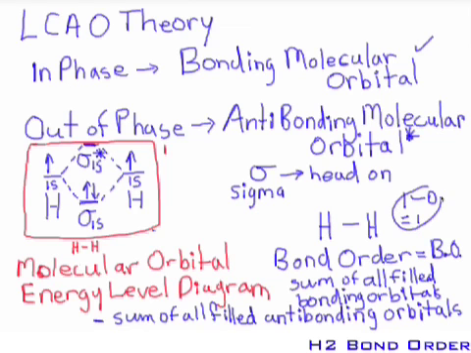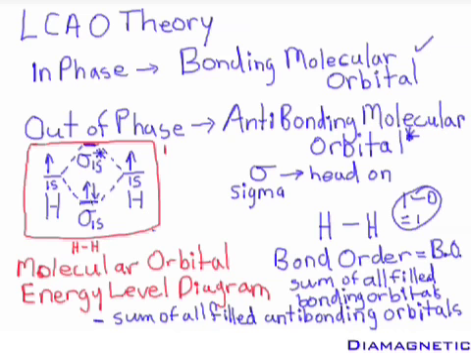So this is my bond order here. And bond order can tell you how many bonds. Do you have a double bond, triple bond, that type of thing. We also can look at the electron arrangement, and we see that these electrons are all paired up.